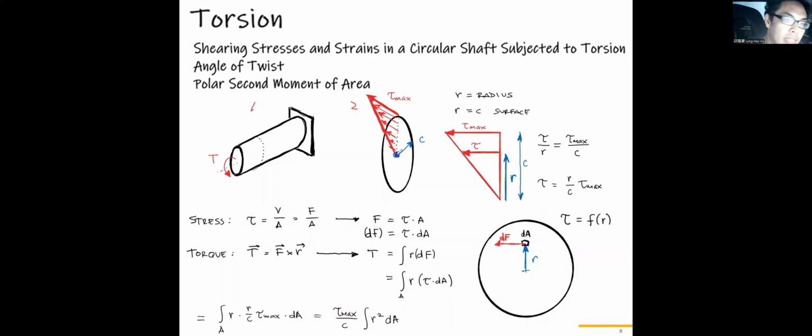At the center of the solid rod, the shear stress equals 0. So it's a linear distribution from the center to the surface.